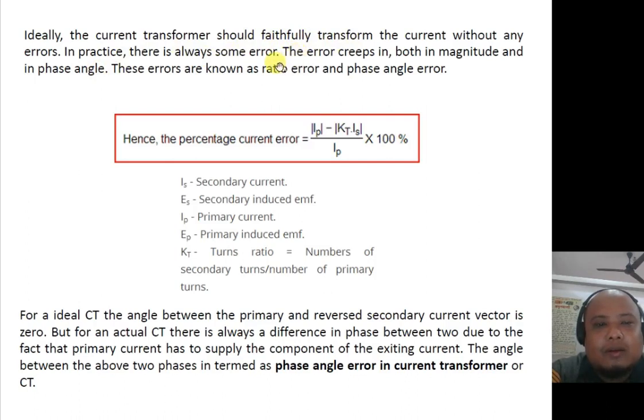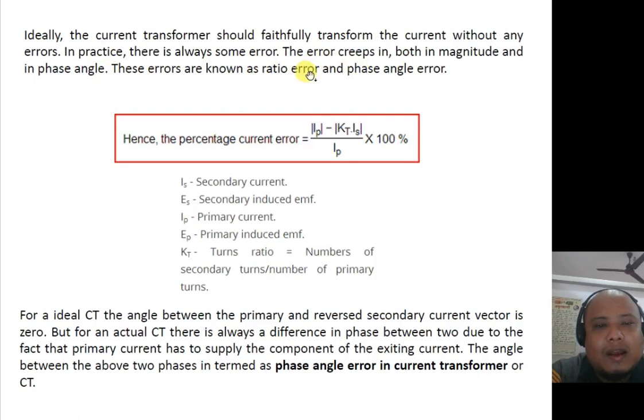But there is always some error in a practical scenario. This error appears both in magnitude and in phase angle. Hence, the errors in a CT are of two types: ratio error and phase angle error.